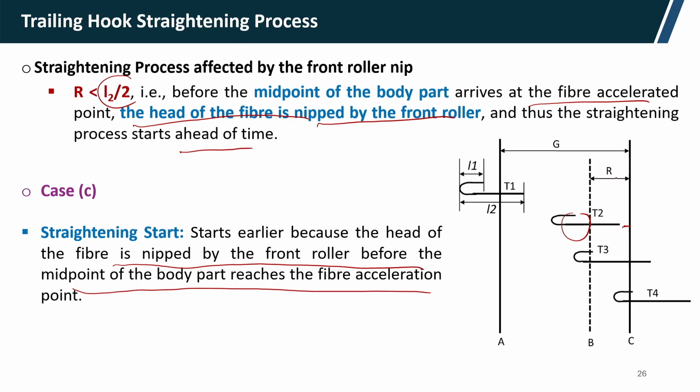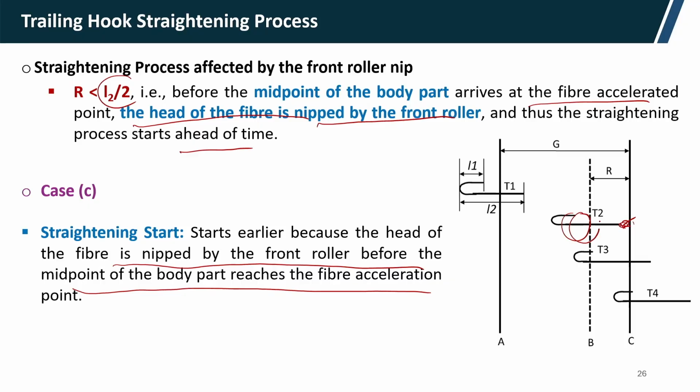So, the leading part of the body reaches the front roller nip before the midpoint reaches the accelerating point. It will start moving at the speed of the front roller by the grip of the front roller, not due to the accelerating point. So, it starts earlier.